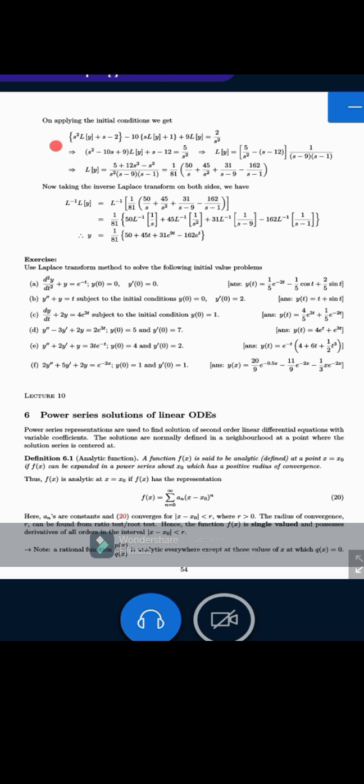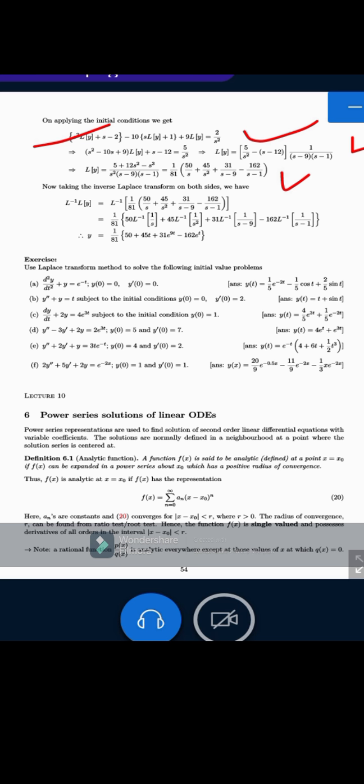Then apply the initial conditions the way I have shown you, and you are going to arrive at that point. From there, you will be required to expand the bracket and make Ly the subject. That is the second step. You need to make Ly the subject, which will give you this.